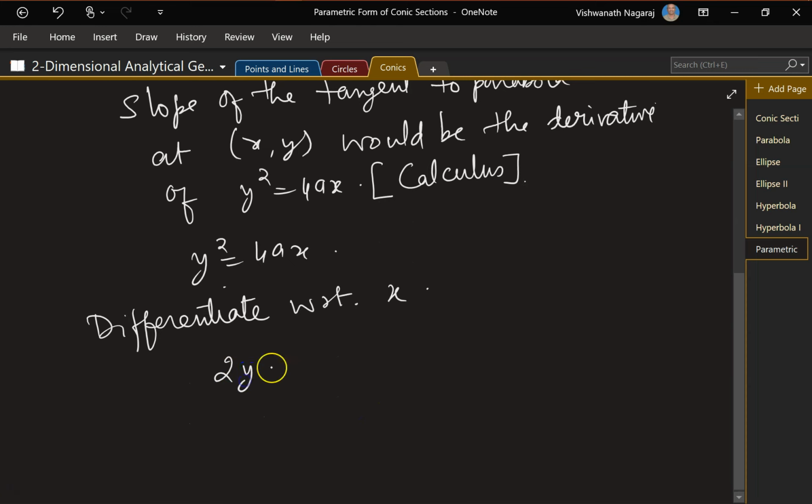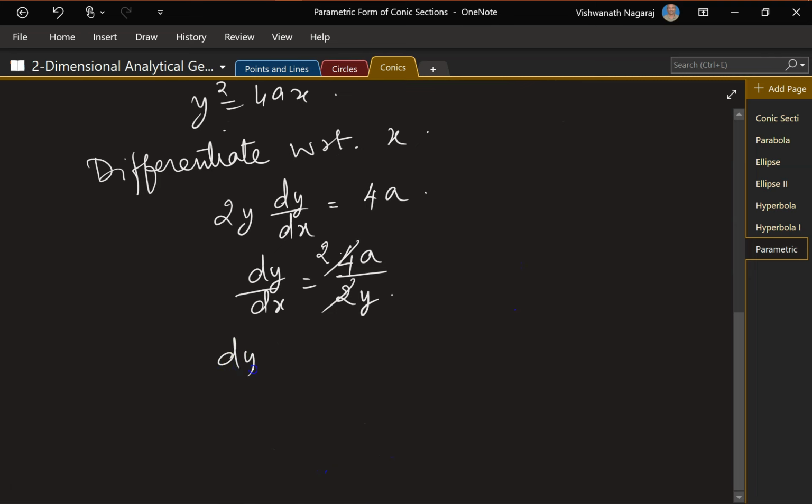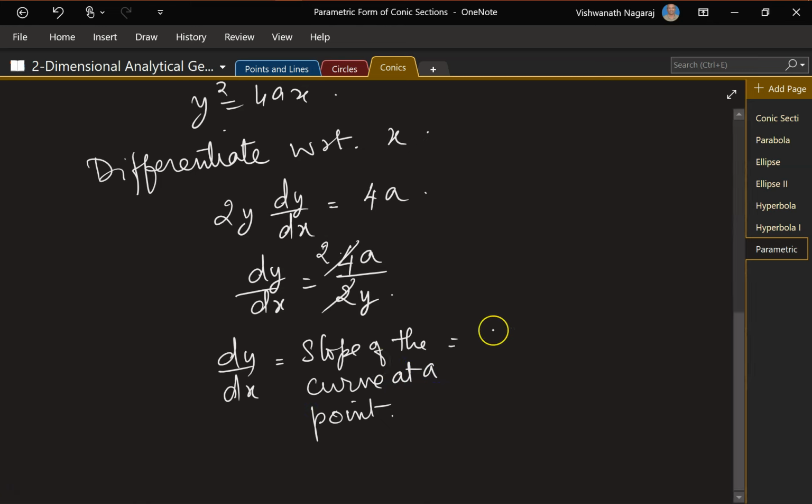So 2y dy by dx is equal to 4a. So dy by dx is equal to 4a by 2y, which is nothing but the slope of the curve at a point. So the slope of the tangent to the curve at a point is 2a by y.